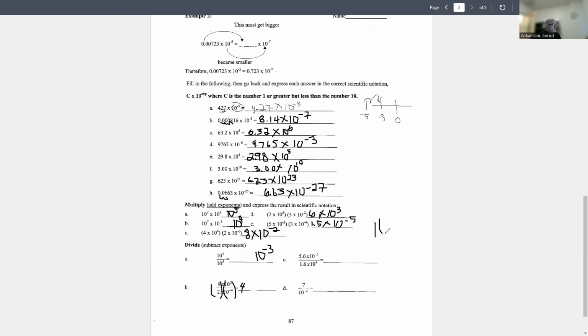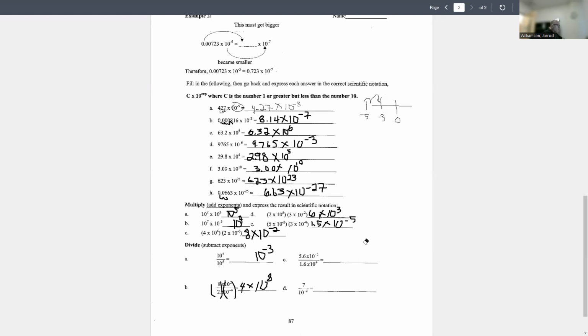That's going to be 10 to the 2 minus the negative 6. Minus a negative is positive. So that's going to be 4 times 10. 2 plus 6 will be 8. Okay.